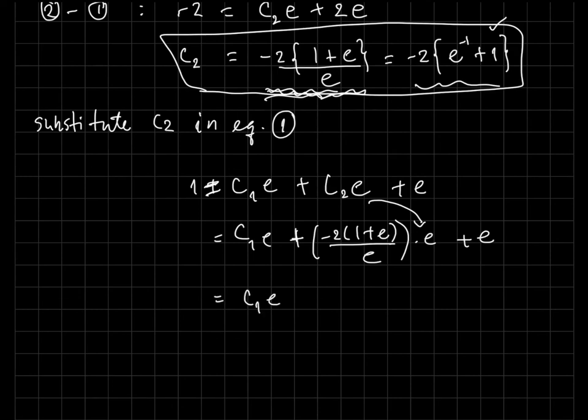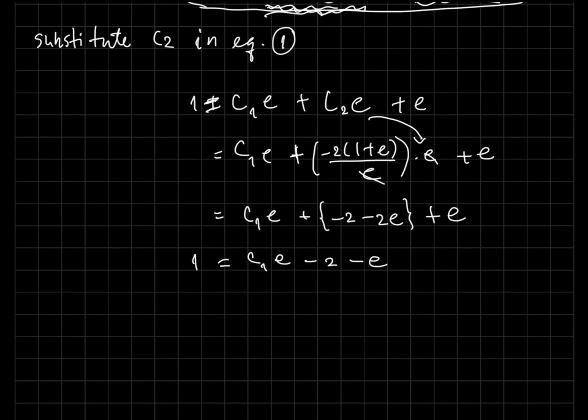Let's just simplify that a bit. What we obtain is negative 2 minus 2e plus e. These things cancel. And then we have c sub 1 e minus 2 minus e equals 1.